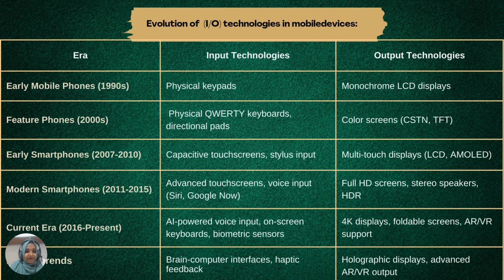When it comes to output technology, it started from just a monochrome LCD display and went on to advanced AR or VR output. This is just a small glimpse of how input and output technologies evolved during several eras.